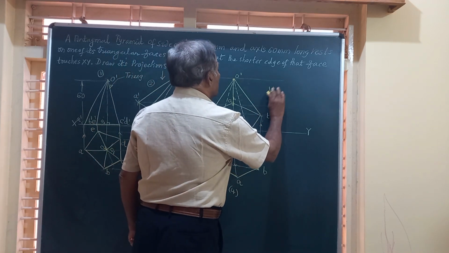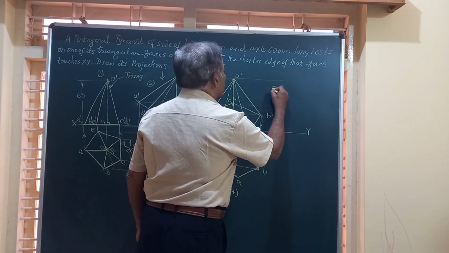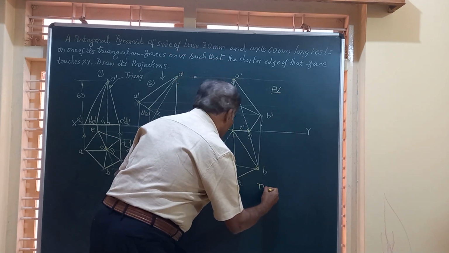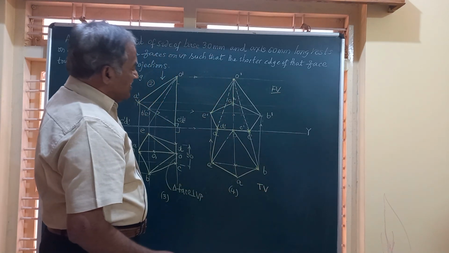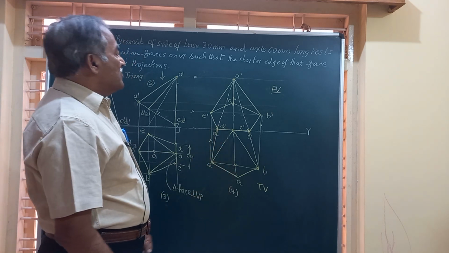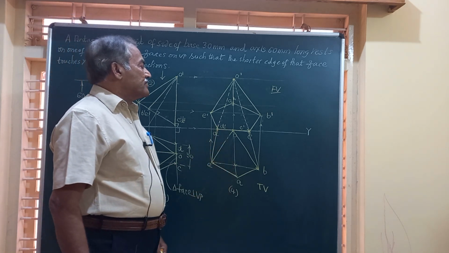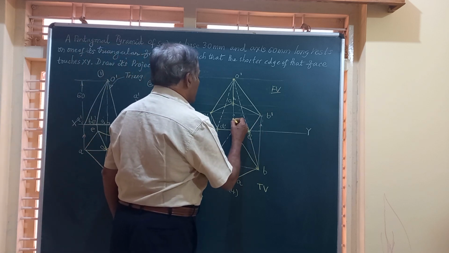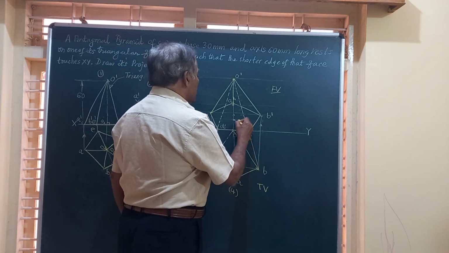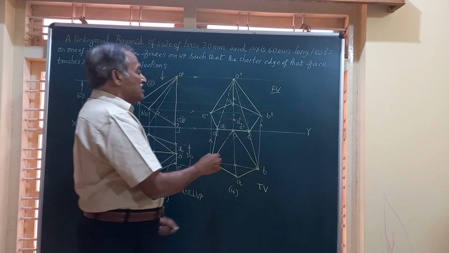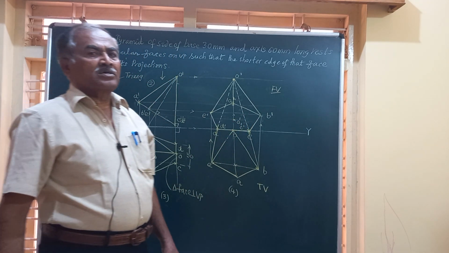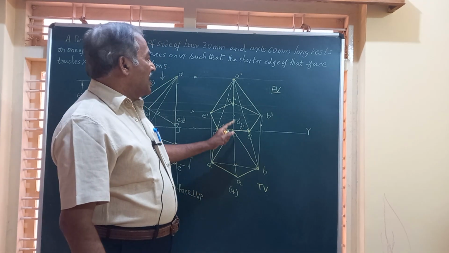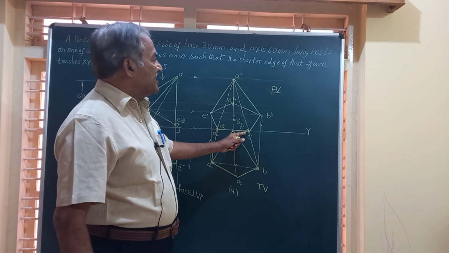Friends, this will give you the final front view of the pyramid, and this is the final top view of the pyramid. Friends, this is how we obtain the complete projection of the pentagonal pyramid, which is lying on one of its shorter edges on the line of intersection of HP and VP, and the triangular face containing that is on VP.